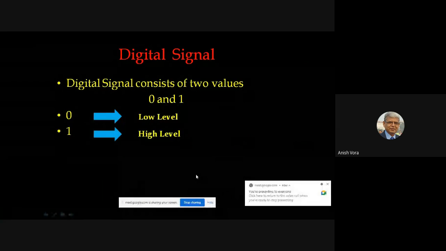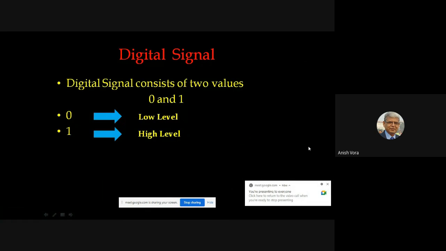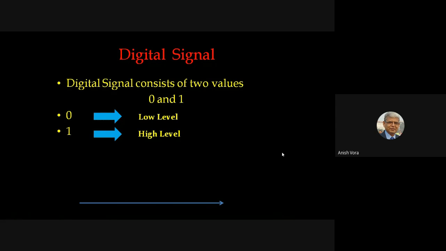So we continue our lecture. Now if we draw a digital signal, we have an x-axis and a y-axis. We can draw it like this, right? The low level is indicated by 0, and the high level is indicated by 1.